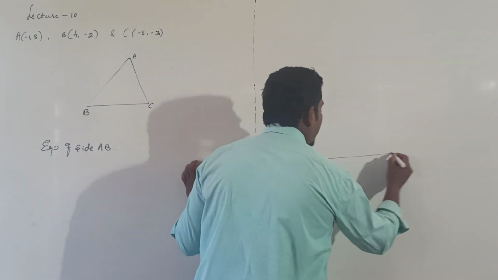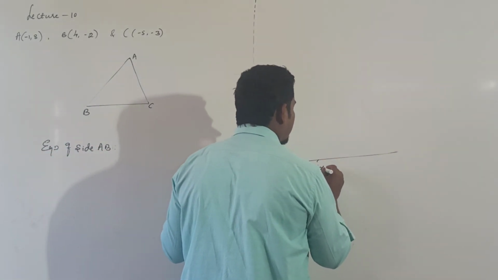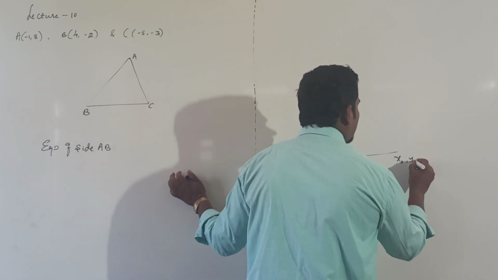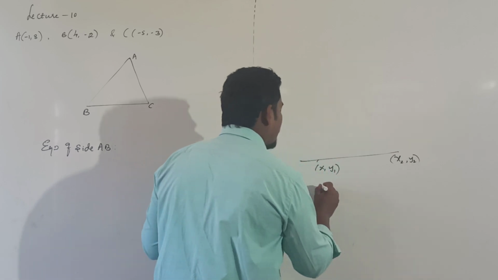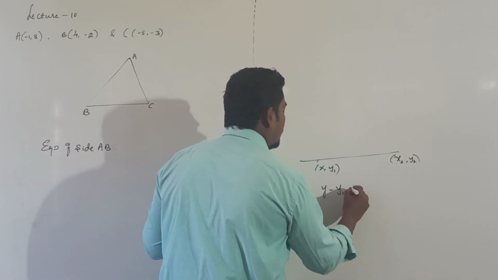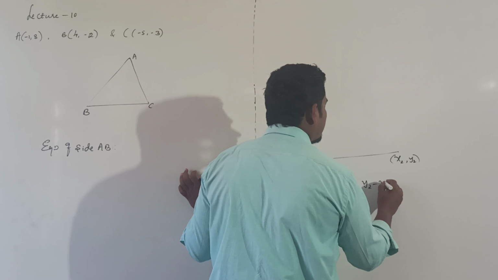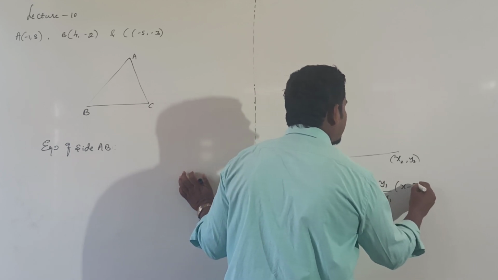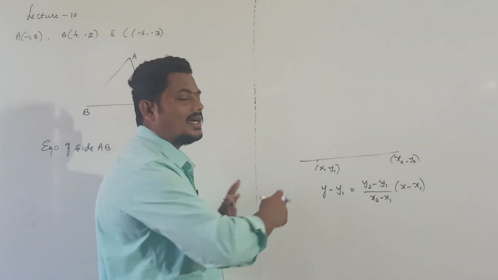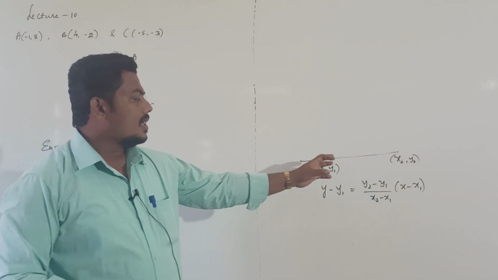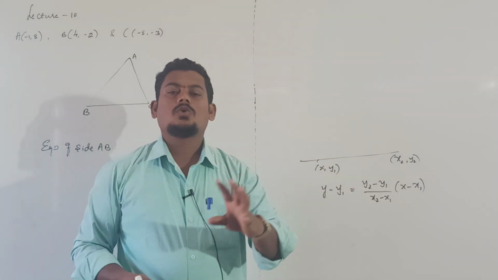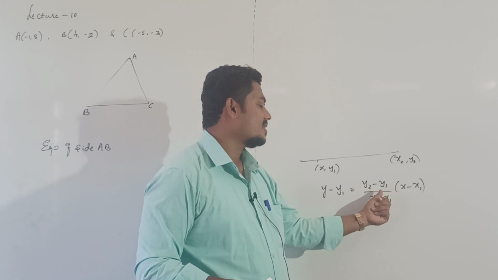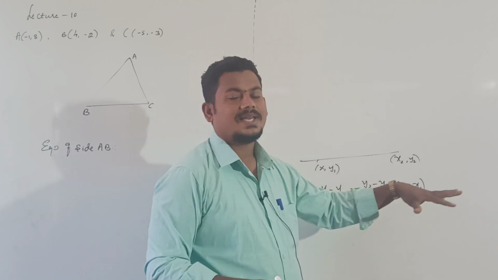When a line passes through 2 points (x1, y1) and (x2, y2), then its equation is y minus y1 is equal to (y2 minus y1) divided by (x2 minus x1) into (x minus x1). This concept we already discussed, right?